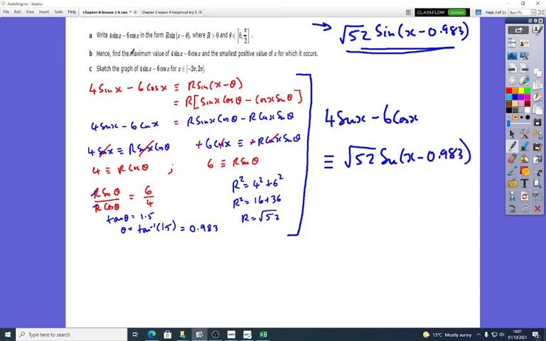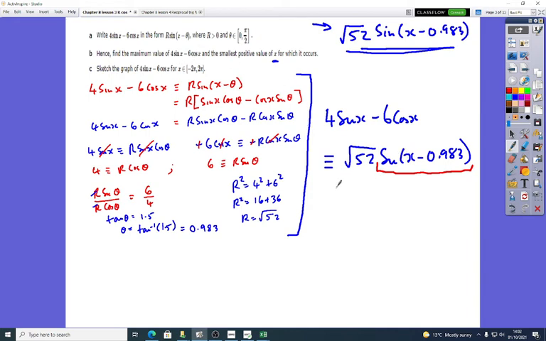So when it goes here, hence find the maximum value and the smallest positive value of x, you can easily do that because you should know the maximum values of this function. What is the maximum value of a sine? Anybody? 1. And the minimum is? Minus 1.